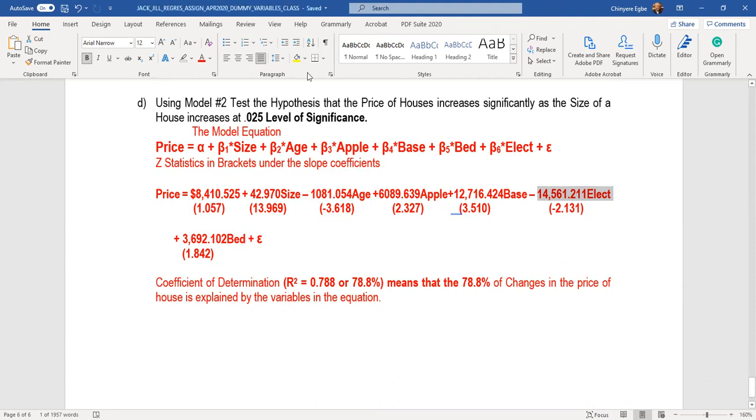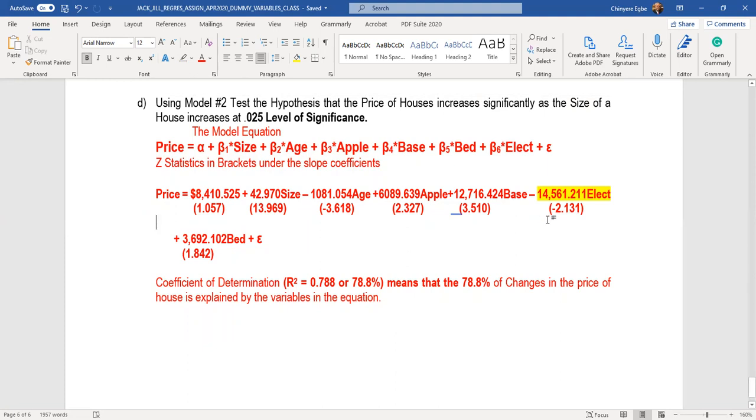Okay. So if the sign is negative, that means there's a disadvantage for a house that has an electrical system, because houses with electrical systems sell for a lower price. That is why it has a negative effect on the price. And it makes a lot of common sense, because houses that are heated with electrical system are more expensive to heat. Your electric bill is going to be very high. So it's easier to heat with gas.